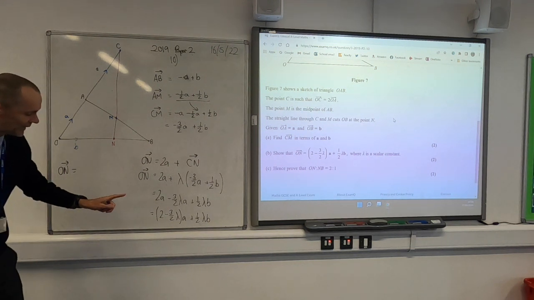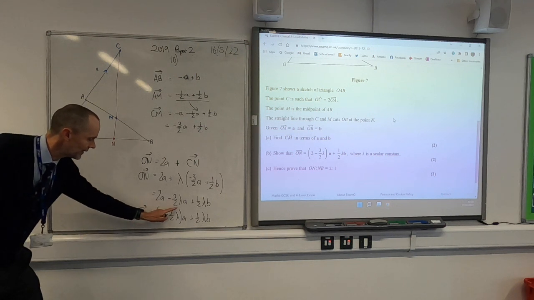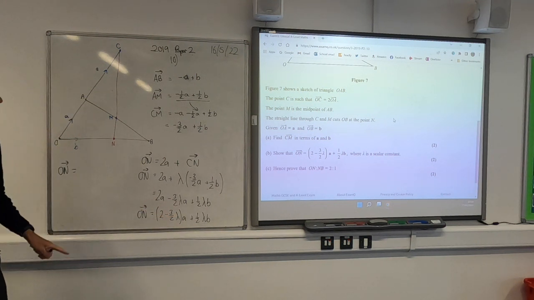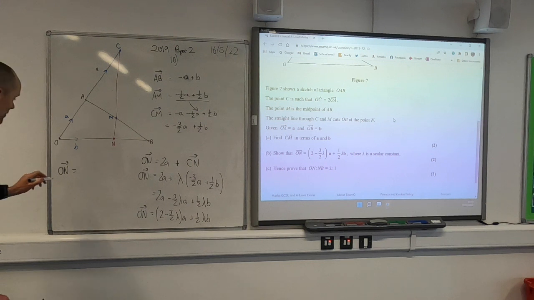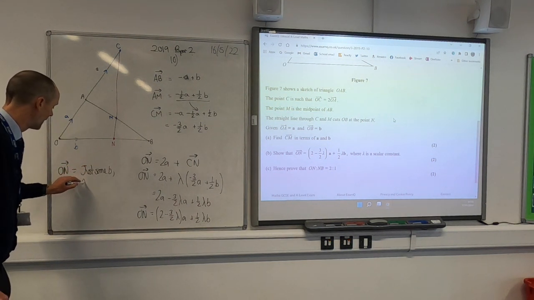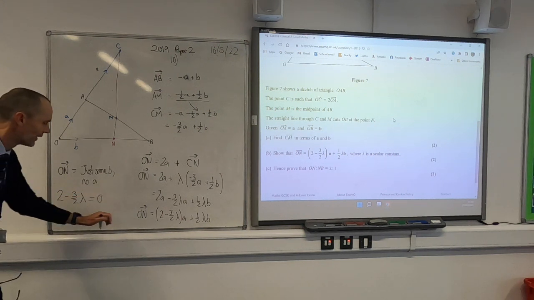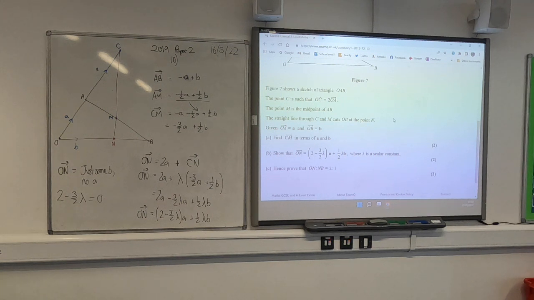So that tells me that in this version of O to N, the number of a's in that expression must equal 0, because O to N actually doesn't involve any a movement at all. So go and work out the value of lambda.